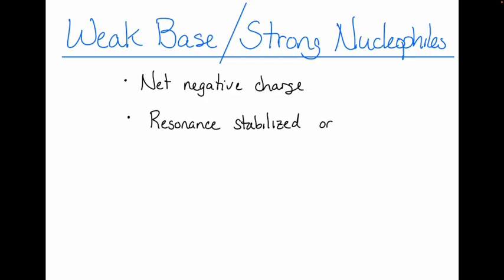Or the other thing that will stabilize a negative charge is having a really large atom holding that negative charge, right? So an iodide ion is very stable with its negative charge because those electrons are sitting really far away from that nucleus, really spread out. All right, so just to go through some examples here, let's look at a few that are resonance stabilized.